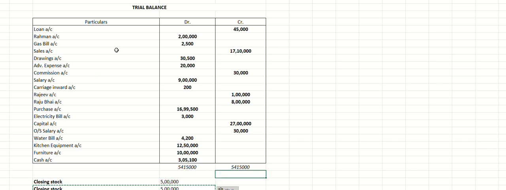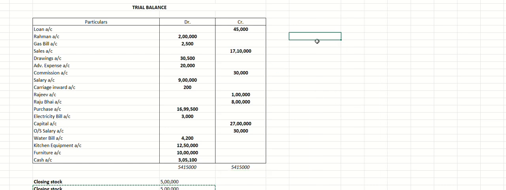Now we are going to recognize assets and liabilities. Do you remember what an asset is? An asset is anything that can be converted to money in future, that is owned by the business, and that remains within the purview of the business itself. Whereas liability means anything that the business owes to someone else.